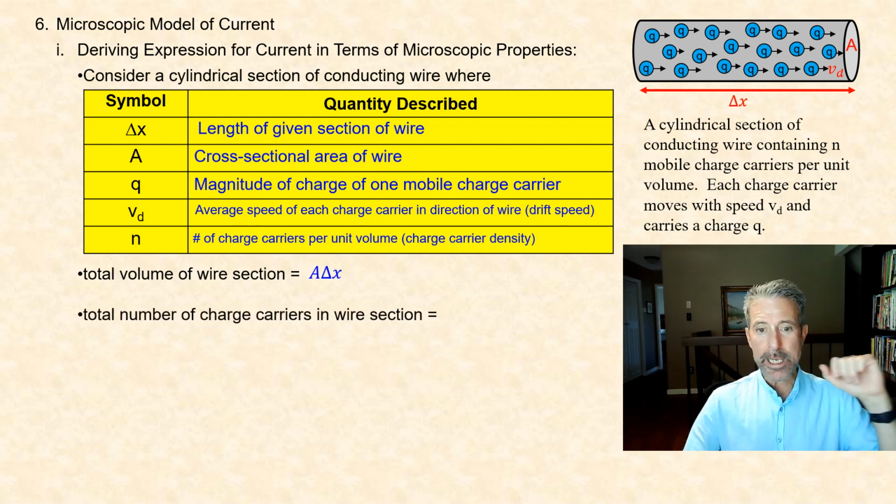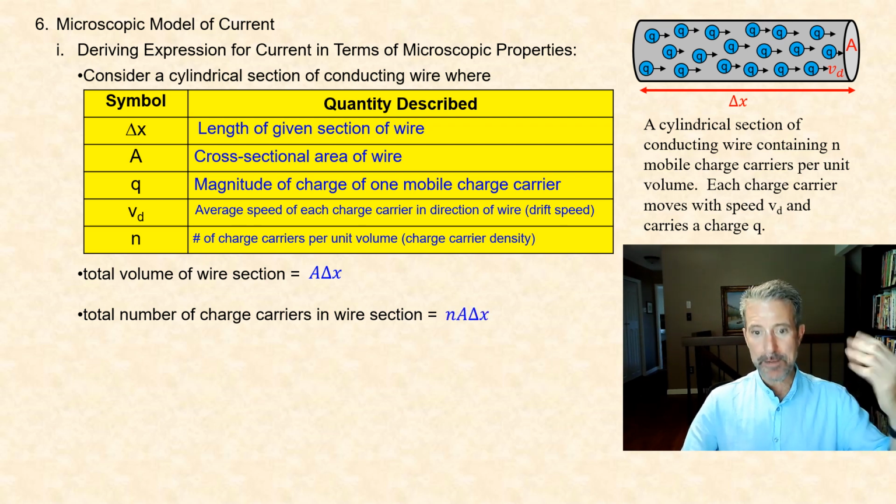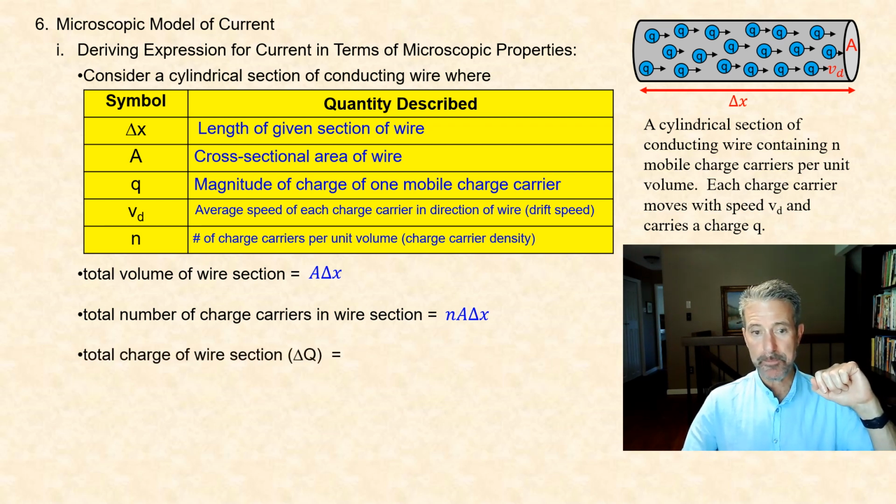From there, we can figure out the total number of charge carriers in that section of wire. Since little n represents the charge carrier density, that is the number of charge carriers per unit volume, we can multiply by the volume to get the total number of charge carriers in that section.